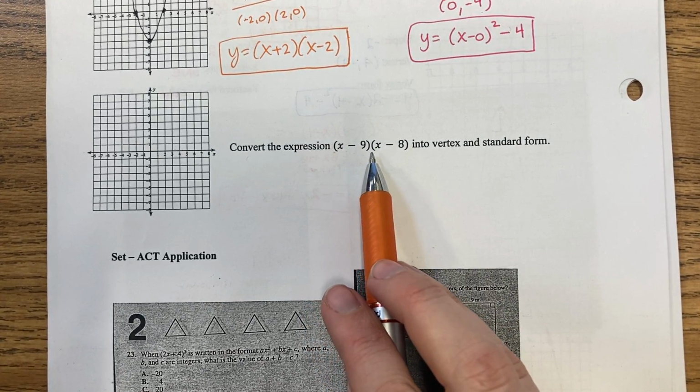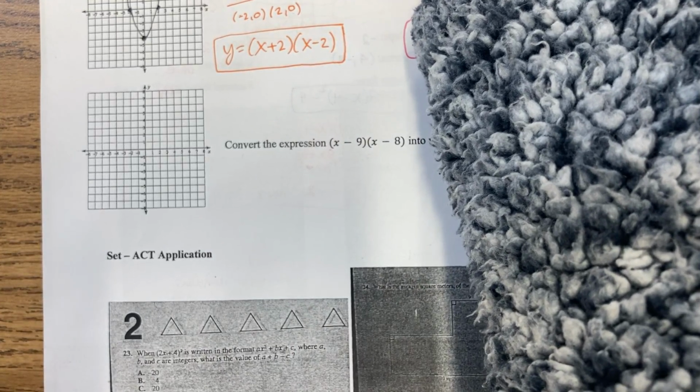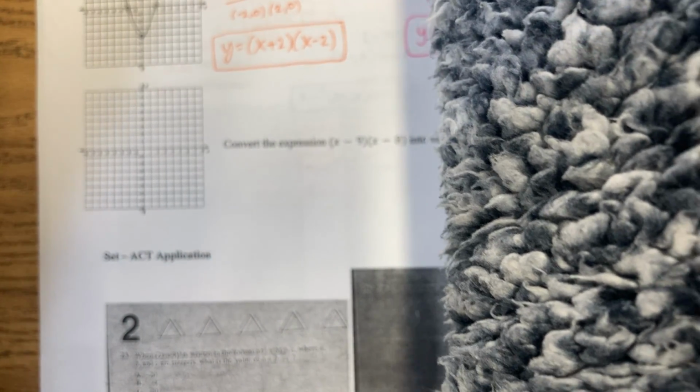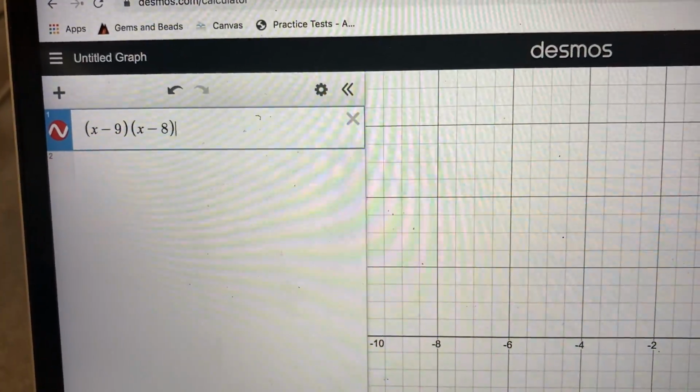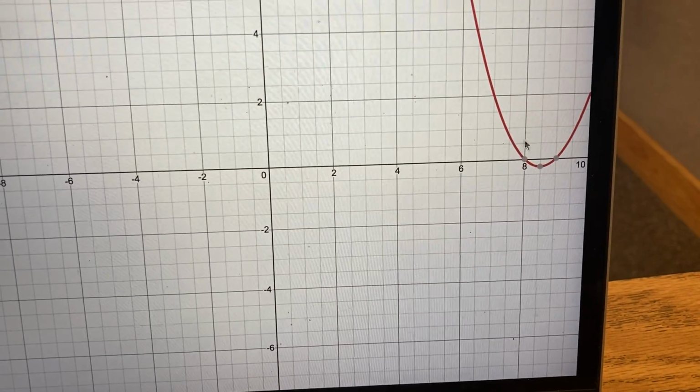X minus 9, x minus 8. I'm going to graph that. X minus 9, x minus 8. From the equation, hopefully you know it's going to cross at positive 9 and positive 8.